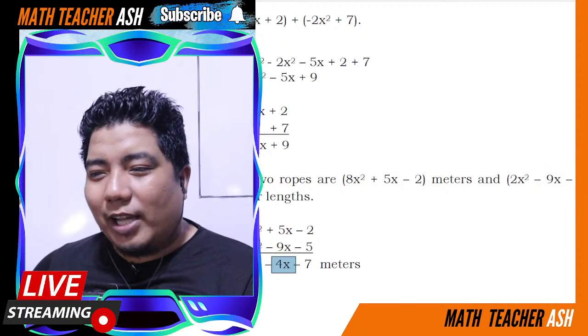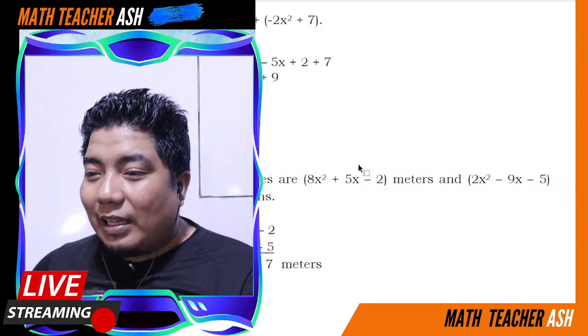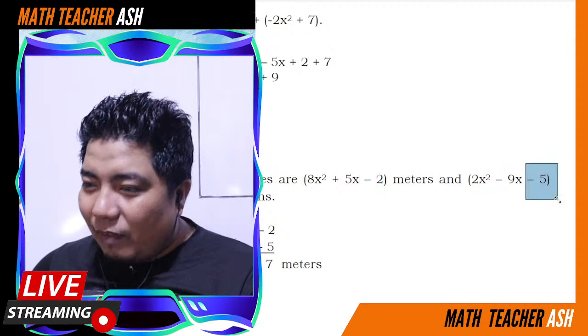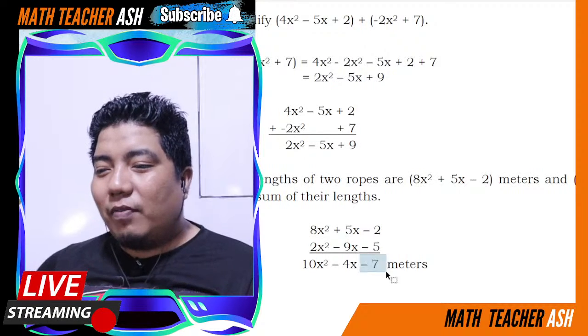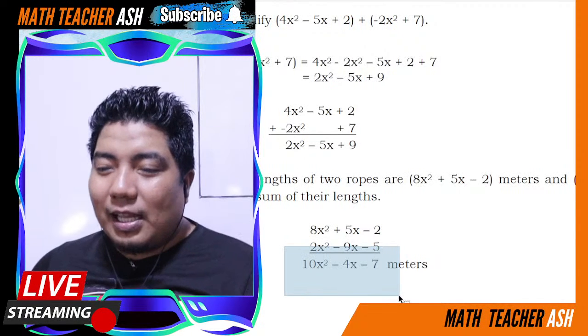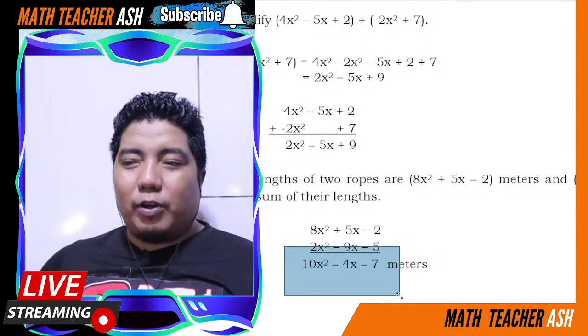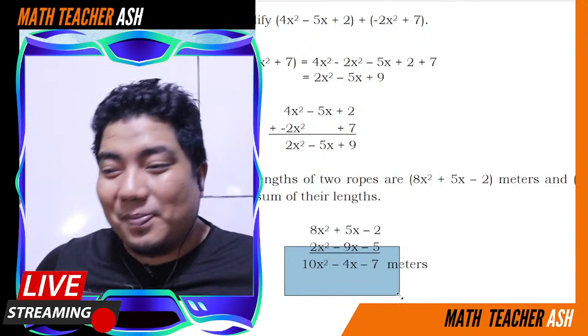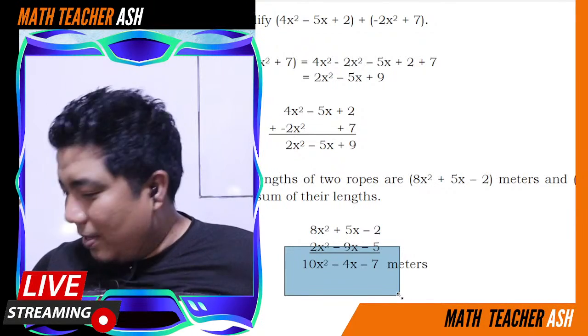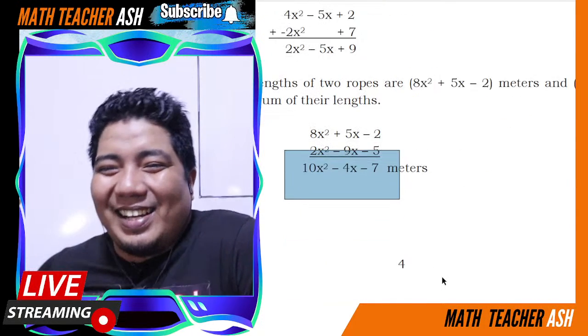So, minus 4x. And finally, we have negative 2 plus negative 5. So, dalawang negative pinagsama. So, negative pa rin. So, negative 7. So, the final answer is 10x squared minus 4x minus 7 meters. Easy, right? Easy talaga. Okay.